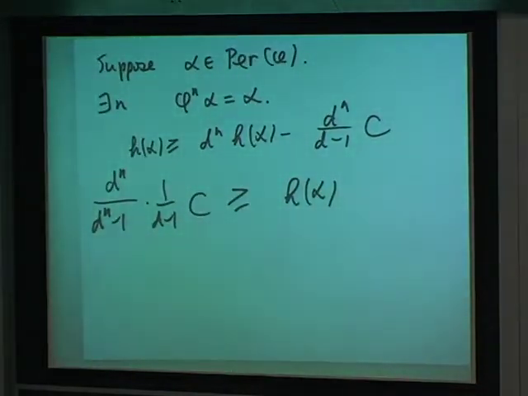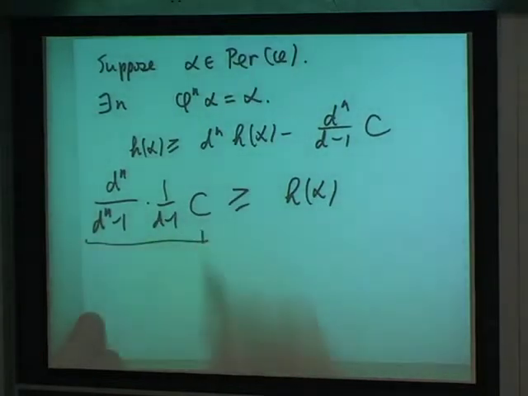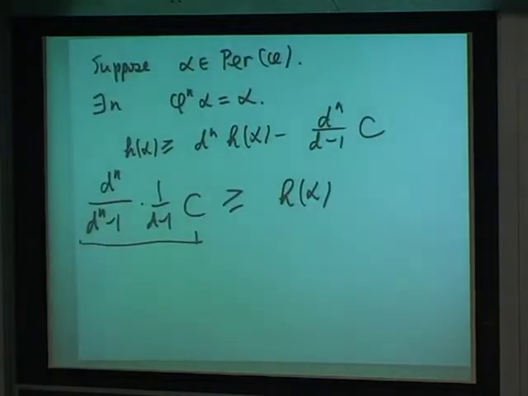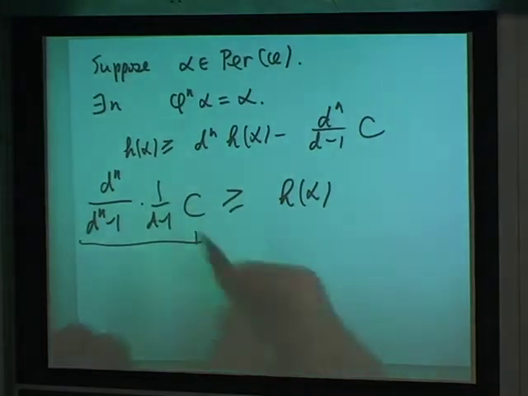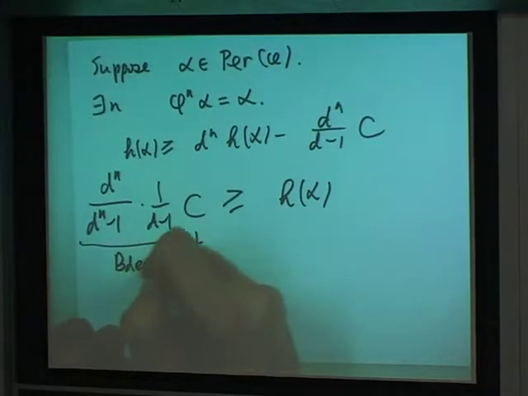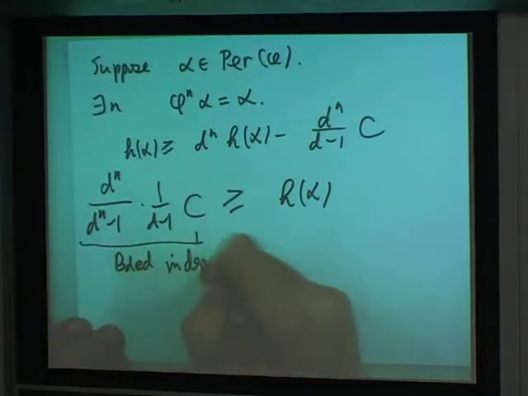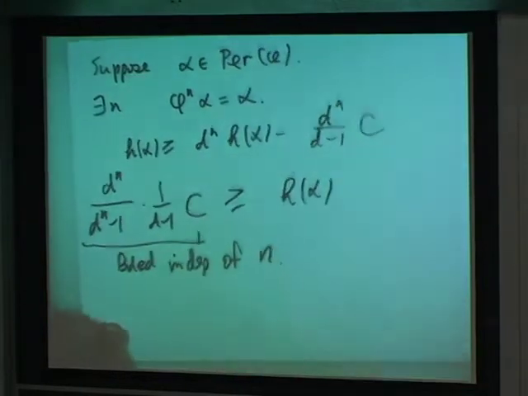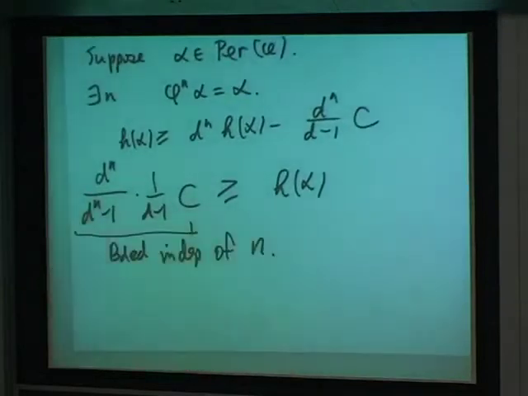Okay, but the point is that this is bounded as n goes to infinity, independently of n, right? Because the d to the n over d to the n minus 1 is, the worst case is n equals 1. So this is bounded, independent of n. So that shows that the height of alpha is bounded. Okay, which is what Northcott's theorem says.